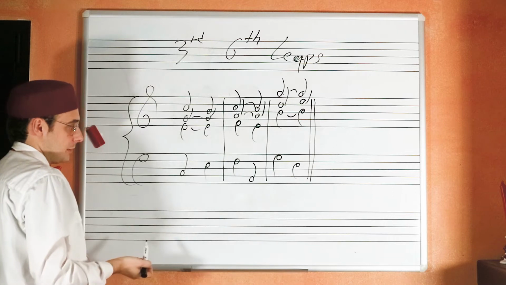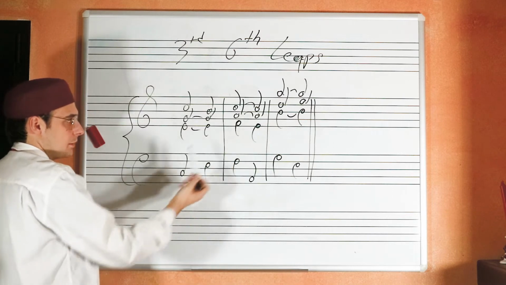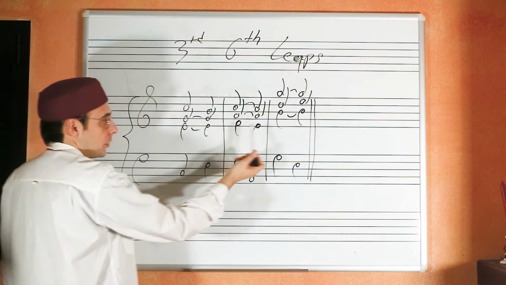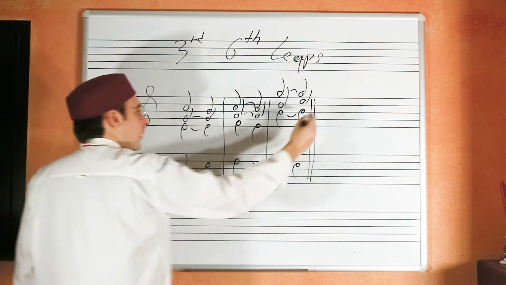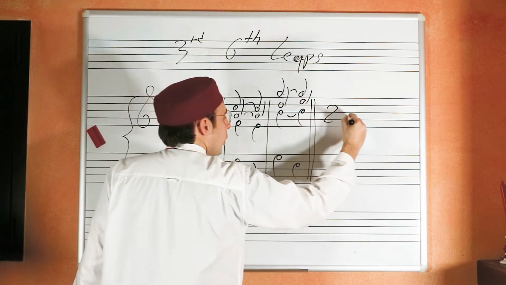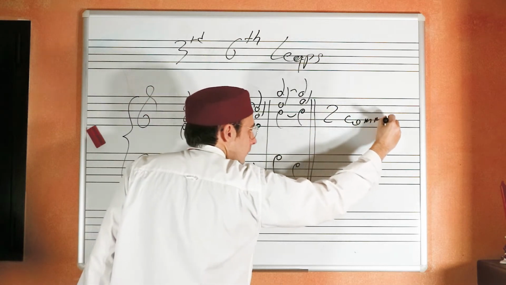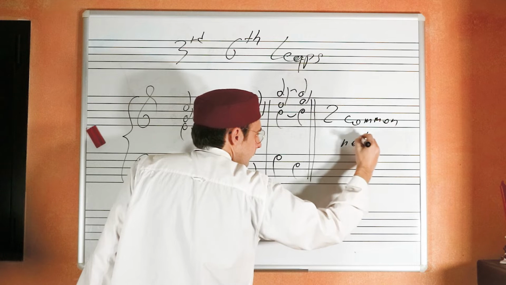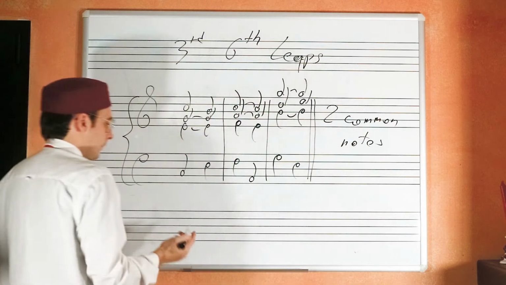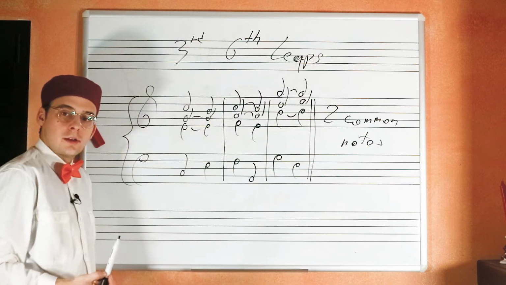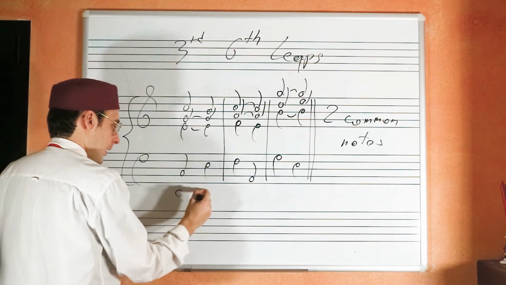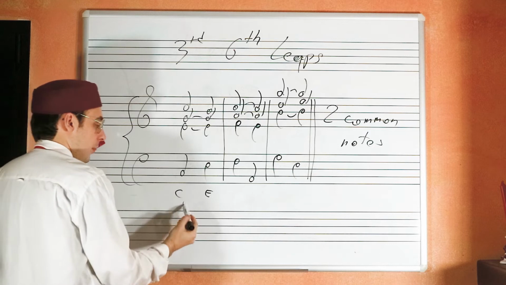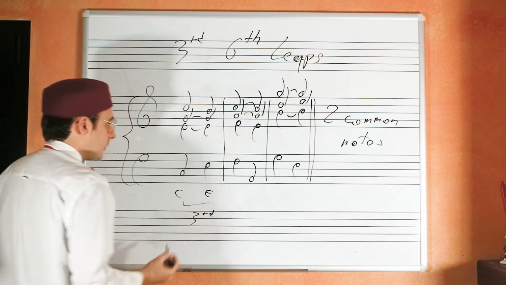In the first case, as you can see, we have two common notes. This is the thing you must remember. Look at the first example. The bass sings C and E. That is a third interval.